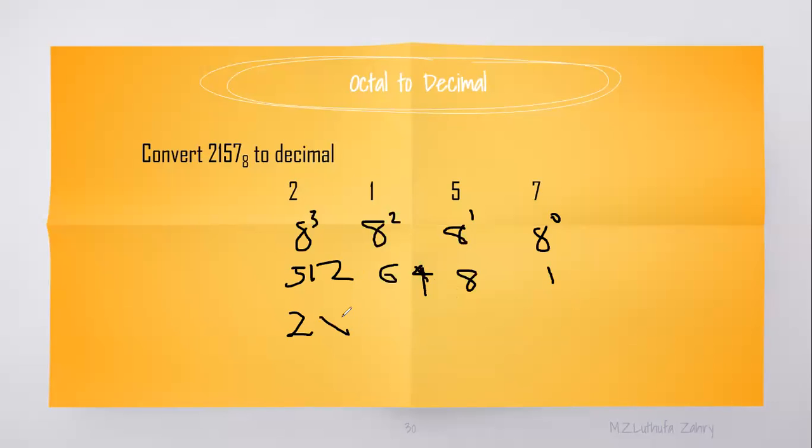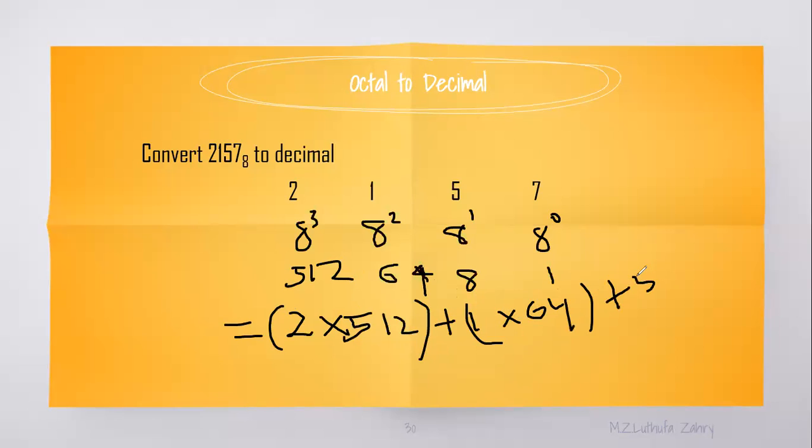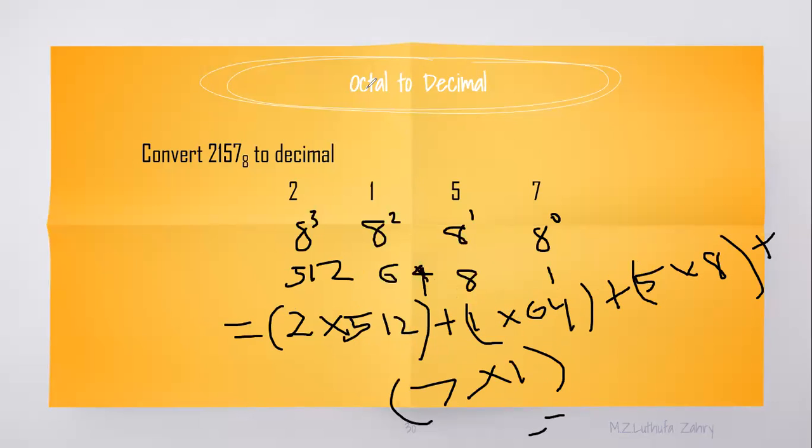Now 2 into 512, and the rest of the part is just addition: 1 into 64, and then 5 into 8, plus 7 into 1.